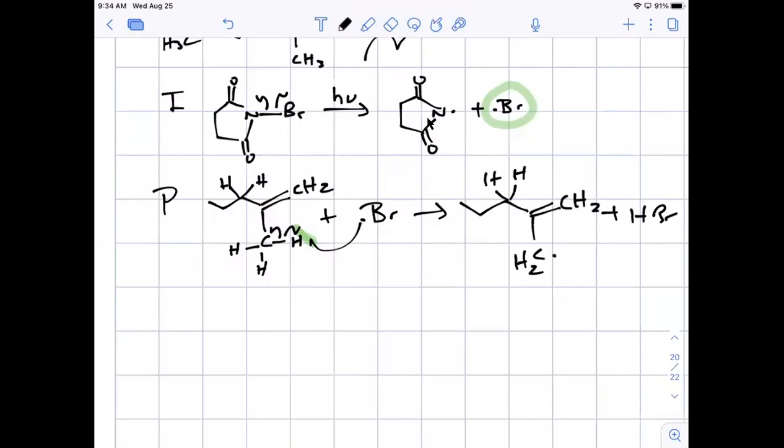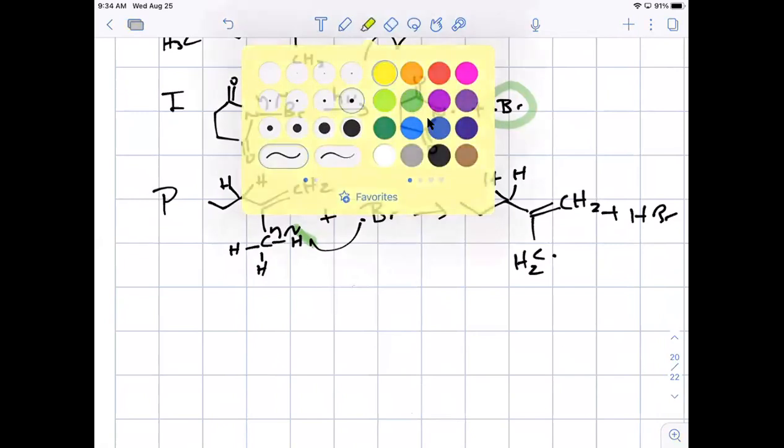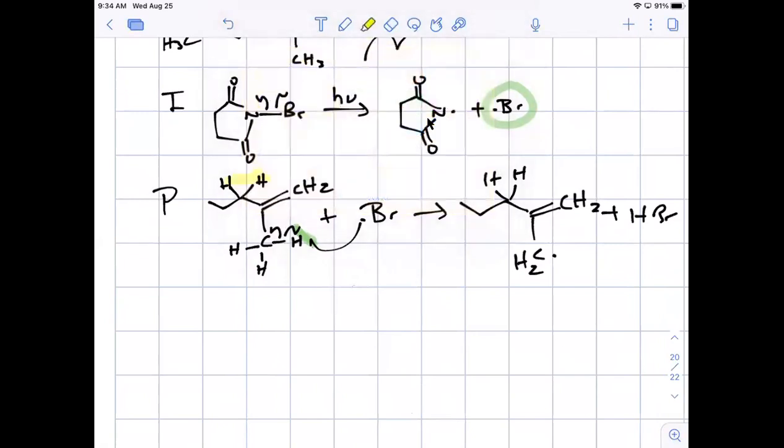And then for the other one, I'm going to attack the other allylic site. So I'm going to attack this site right here. I'll just redraw it instead of trying to copy it.